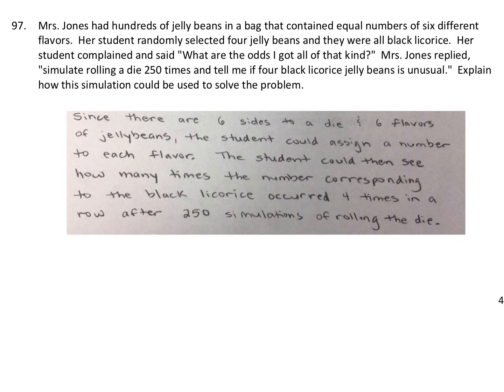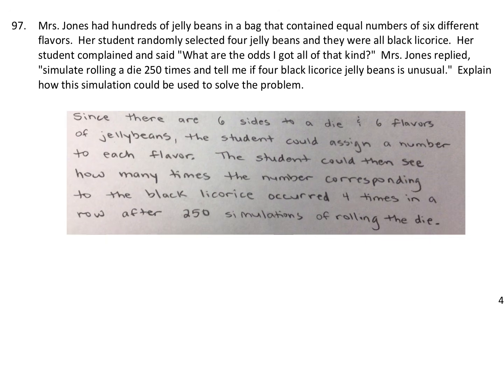Okay, so this is what I was thinking. Since there are 6 sides to a die and 6 flavors of jelly beans, the student could assign a number to each flavor. The student could then see how many times the number that corresponds to the black licorice occurred 4 times in a row after 250 simulations of rolling a die.